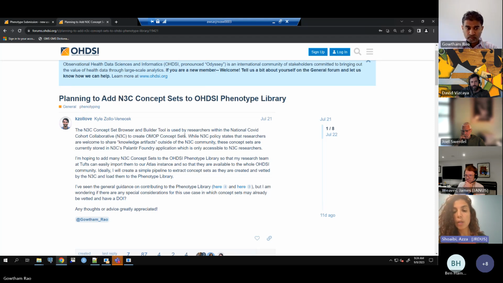Then their tool uses those concept sets in usually two ways: either earliest occurrence, first occurrence, and that's it, when it is representing a target cohort, or they're using it as any occurrence, and that's when they use it as a covariate in their outputs.